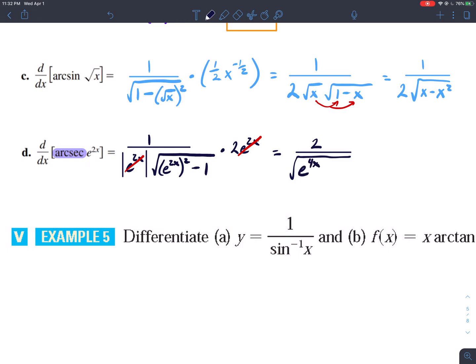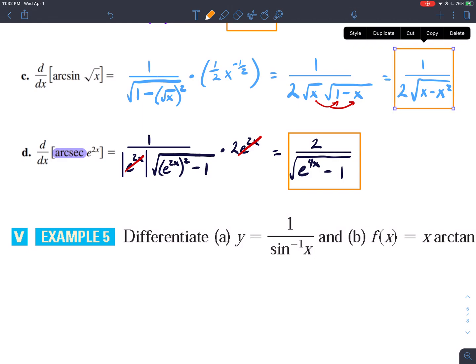When you raise a power to a power, you multiply. And that's our final answer here. Oops, I forgot to box off the previous one. Okay, hopefully that all made sense.